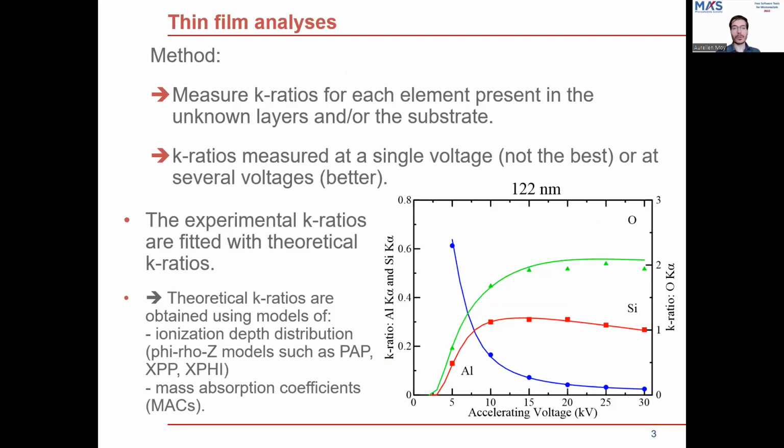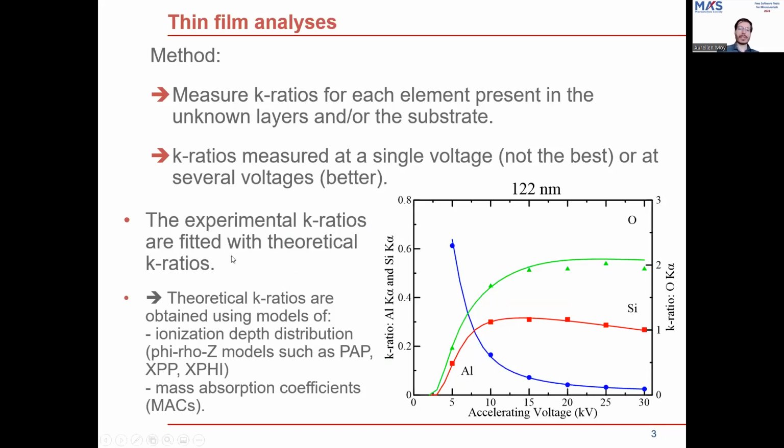These K ratios are the ratio of the X-ray intensity measured on the unknown and on a standard. These K ratios need to be measured at least at a single voltage, of course, but it's better to measure them at several accelerating voltages. This is the multi-voltage method.